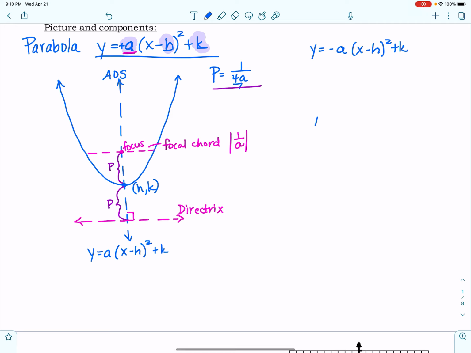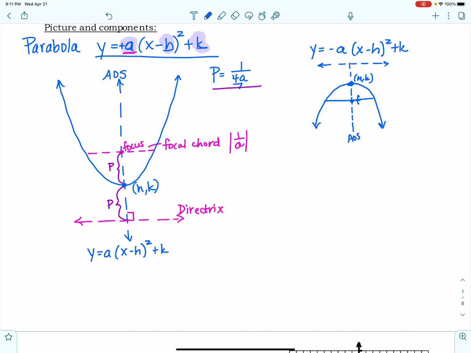That means that you're going to have a parabola that opens down. So here's my axis of symmetry. Here's my vertex. My focus now will be in here. My directrix will be here. That's how that works. And of course, the focal chord will be right through there.